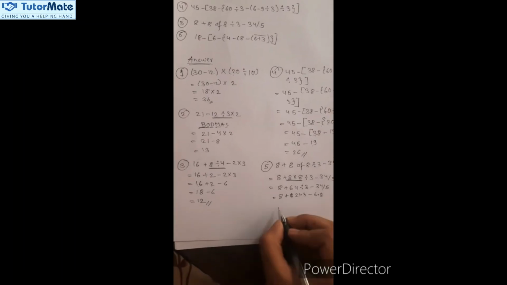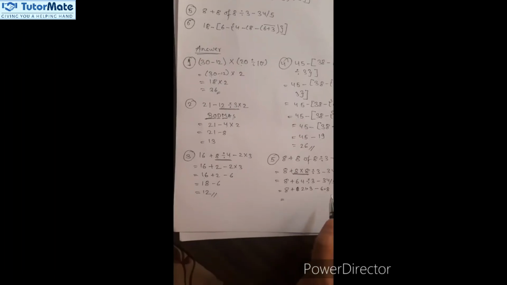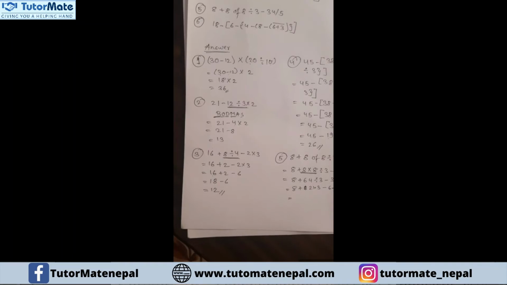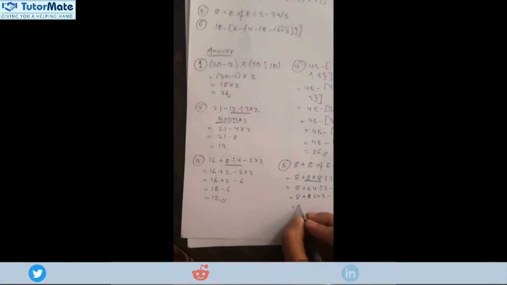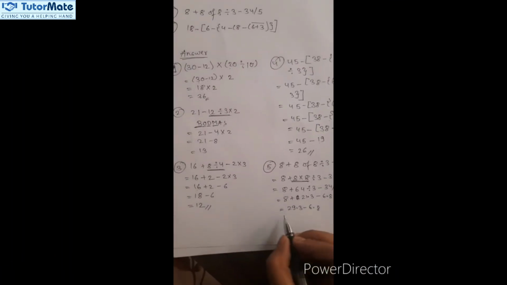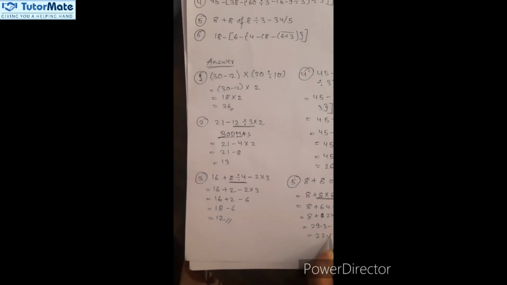Now we should add 8 plus 21.3, that equals 29.3, minus 6.8 equals 22.5.